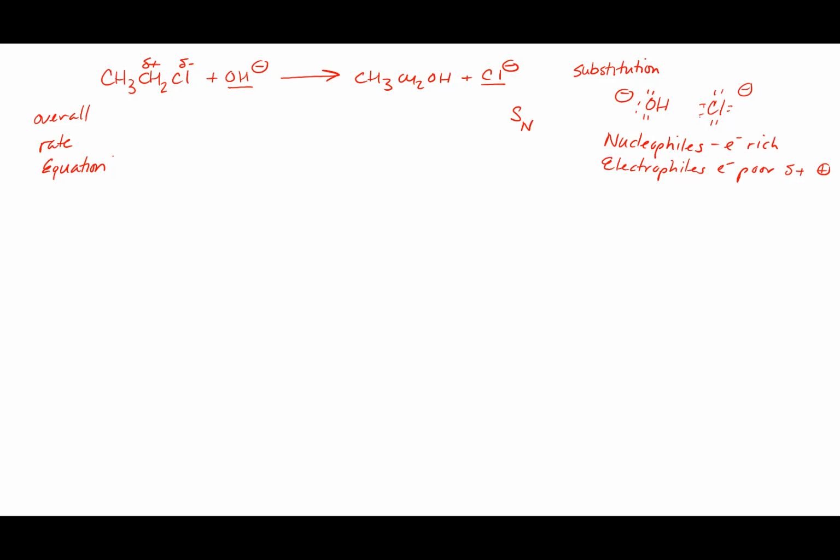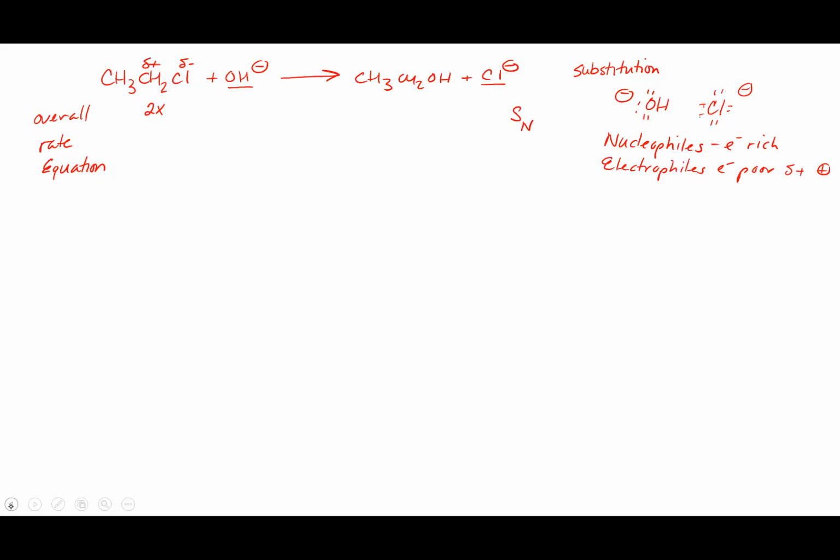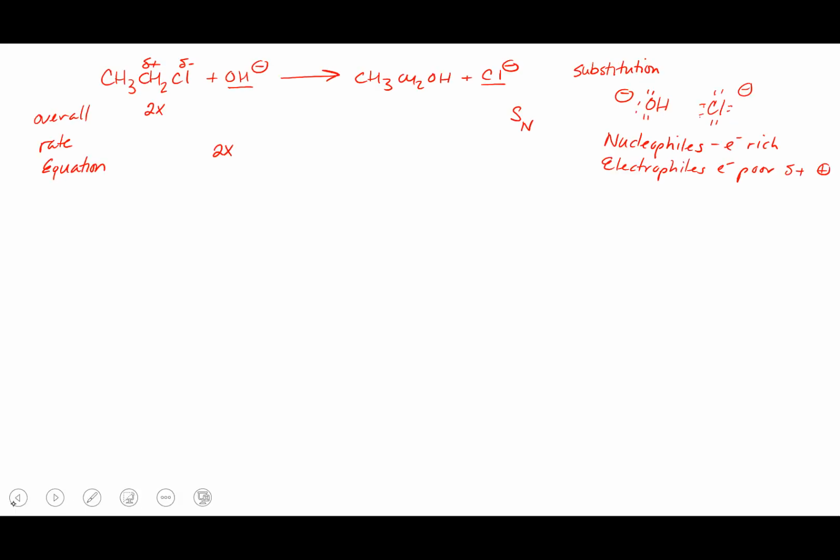And so the most straightforward way of doing that is to say, okay, I'm going to double the concentration of the halide. I'm going to double the concentration of the hydroxide and see what the effects on the rates are. Right, so when I double the concentration of the alkyl halide, I get double the rate. And if I double the concentration of the hydroxide, I get double the rate.